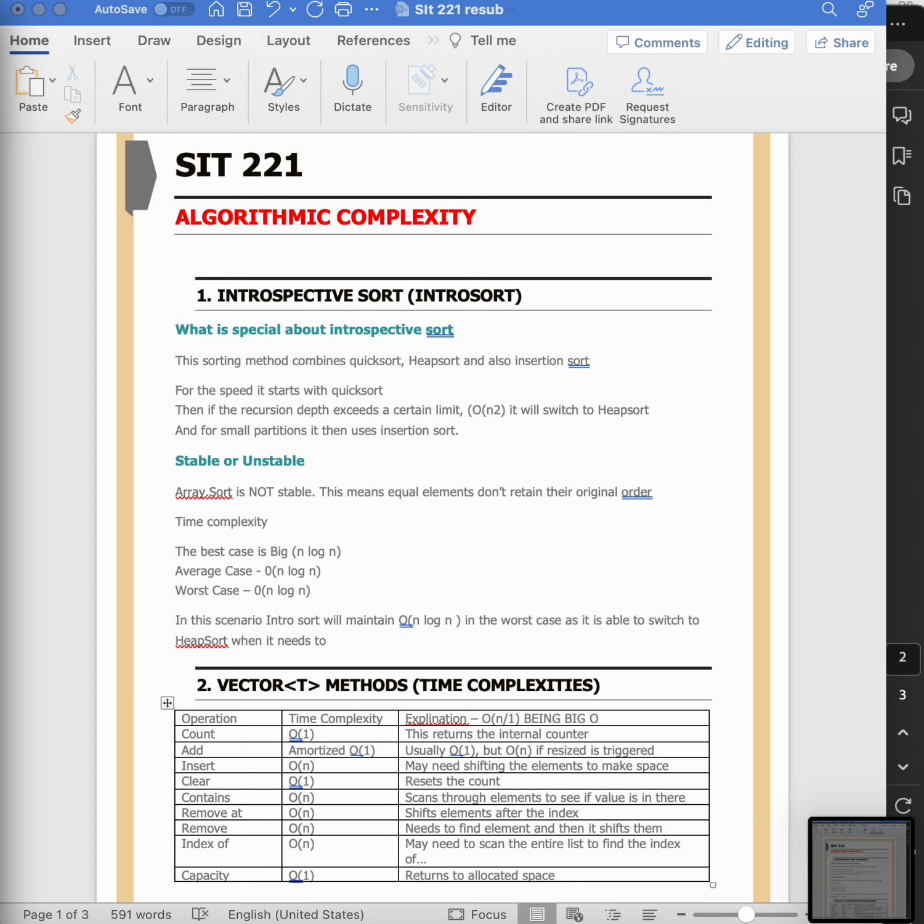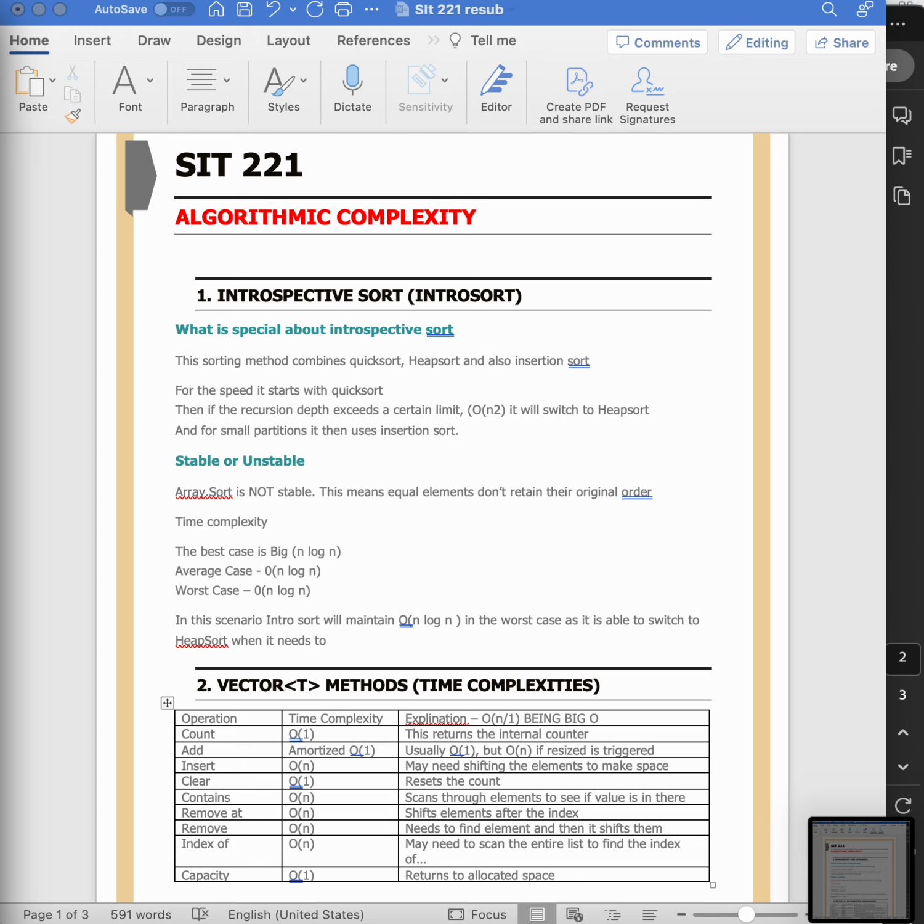So that's add. Usually it's not linear, it's constant. But if the array is full, it resizes and copies everything, which then takes linear time, because it has to go through all of them again and then add.